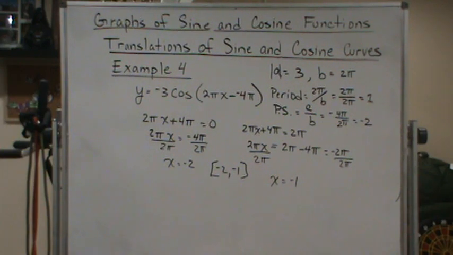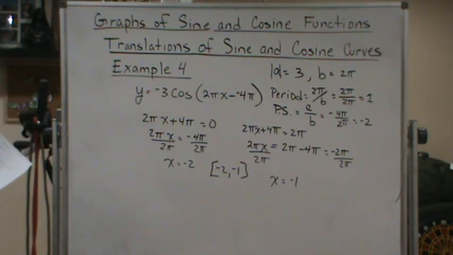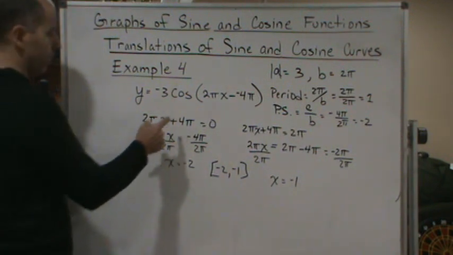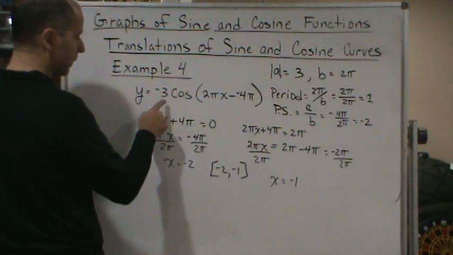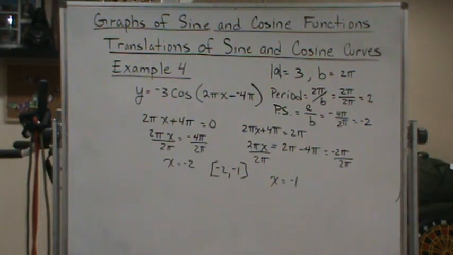And so now I have to find those critical points, right? I start with the first point, and then I'm going to go up and down. Now remember, cosine starts at 1, but this is actually going to go between 3 and negative 3.